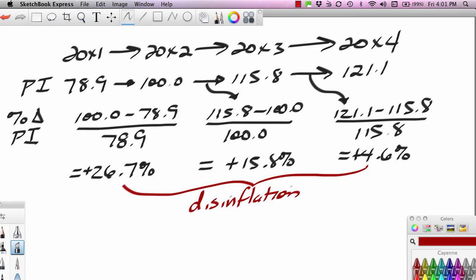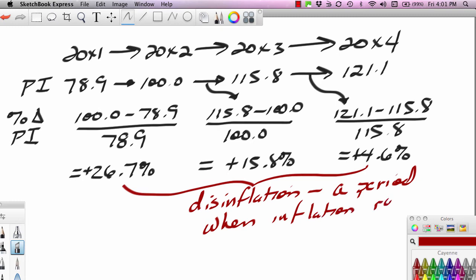Disinflation is a type of inflation. So here we have a period when inflation rates are decreasing.